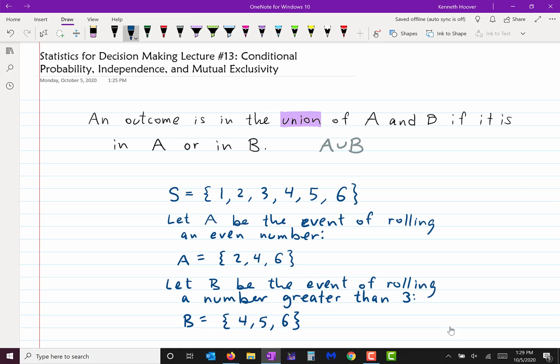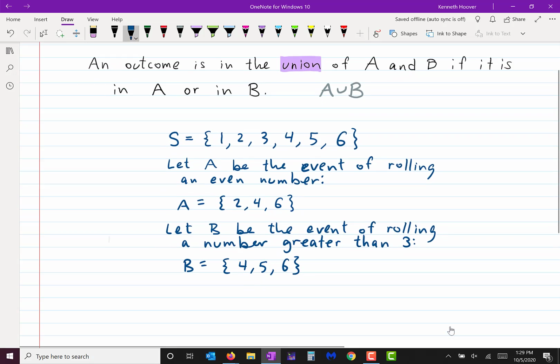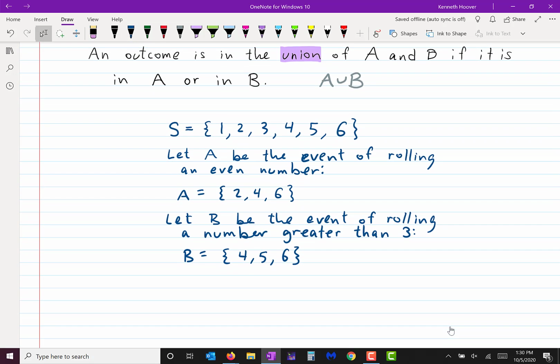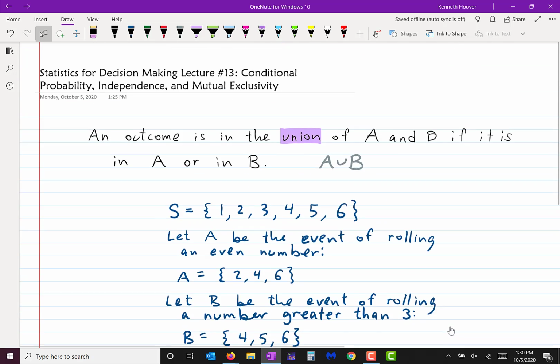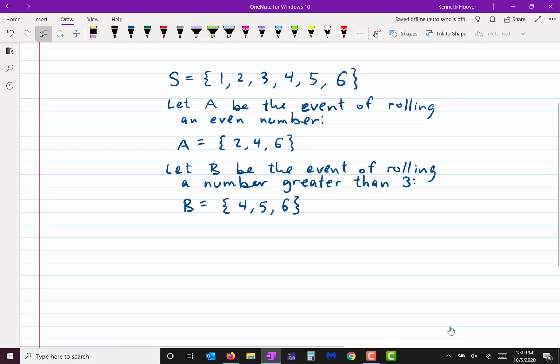So now the union of A and B would be what? Let's write it down.